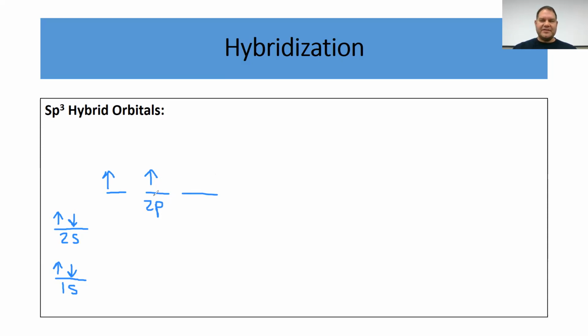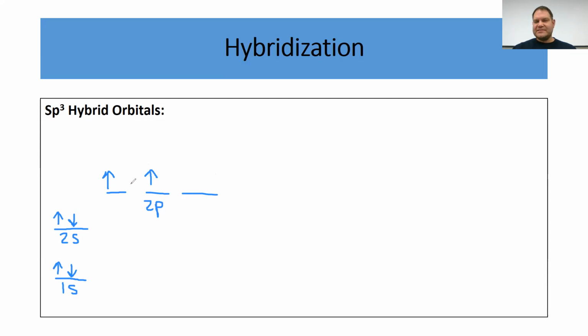Now, if you think about the valence bond theory, in order to form a bond, we have to form an overlap of atomic orbitals. Well, if this is the case, we could essentially form an overlap of one p orbital here and another p orbital here with the other elements.